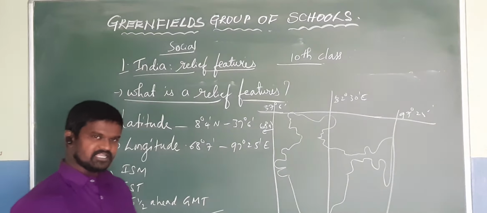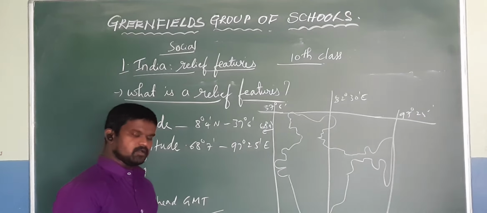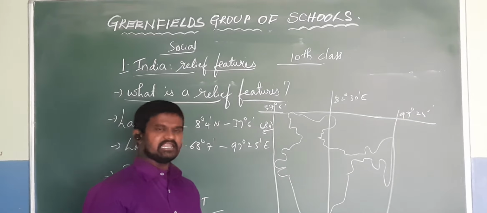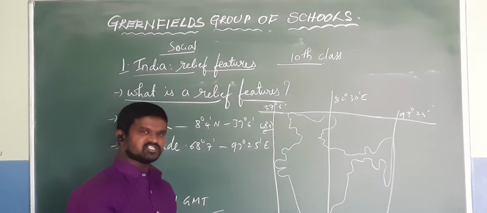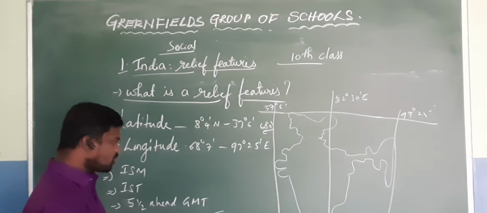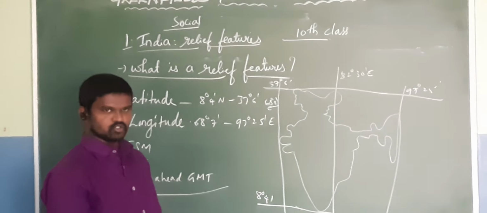Where is our country located? When we look at the globe or the map, you can see many lines, passing from west to east or north to south. We call them latitudes and longitudes.